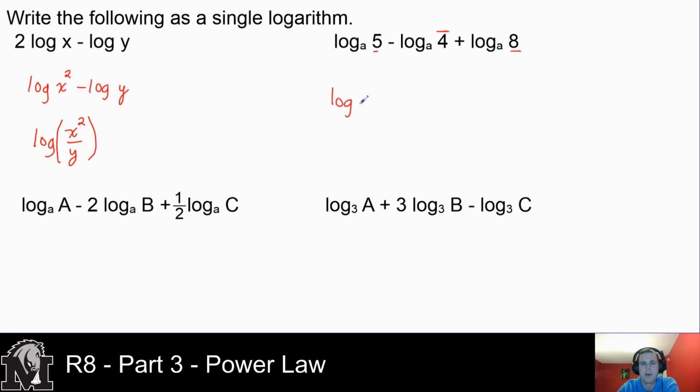So we have log base a of 5 times 8 over 4. Now this is written as a single logarithm, but it's not fully simplified. And I'm going to expect you to simplify these ones. So log base a, 5 times 8 is 40. 40 divided by 4 is just 10.